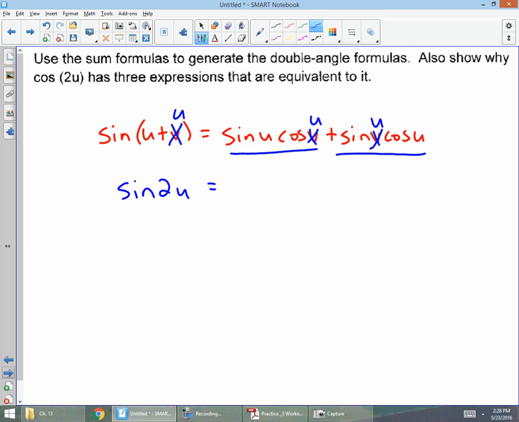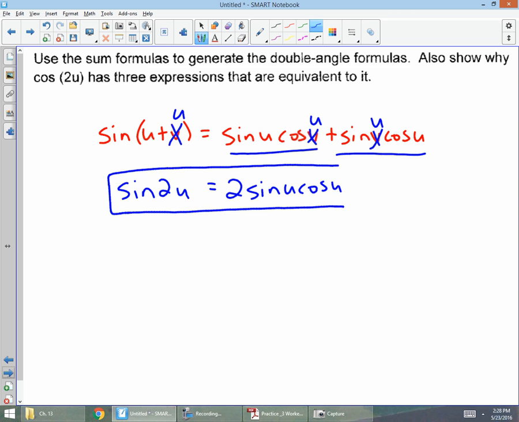Now, if you switch them around using the commutative property of multiplication, you really have 2 sine of u, cosine of u. And that is the double angle formula for sine on page 407. So you build from page 400 to 407 by substituting in a u for v.